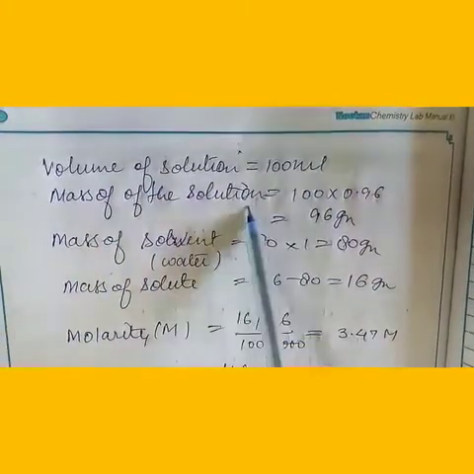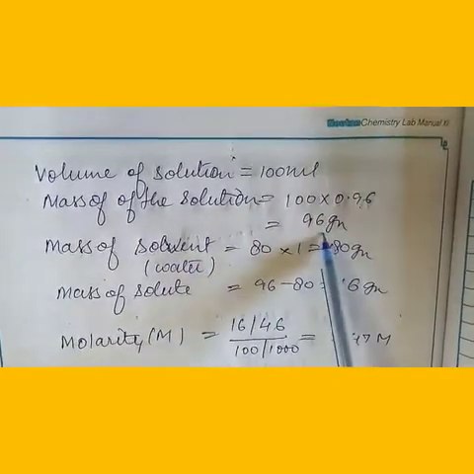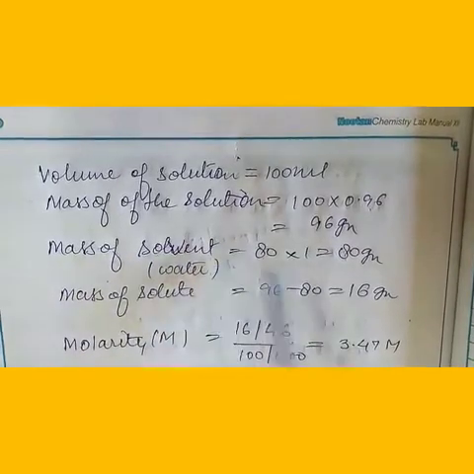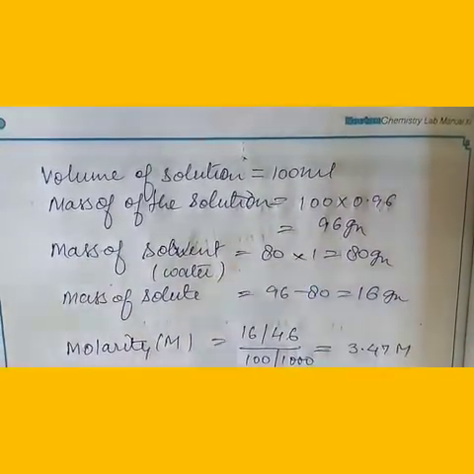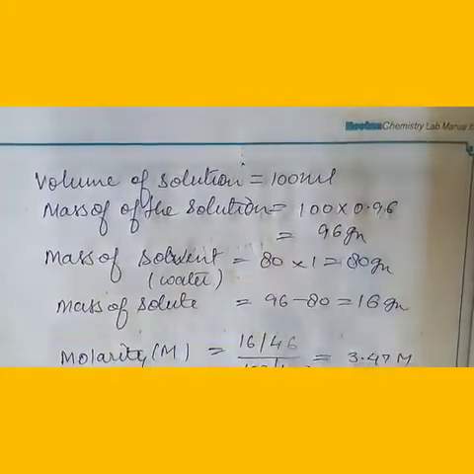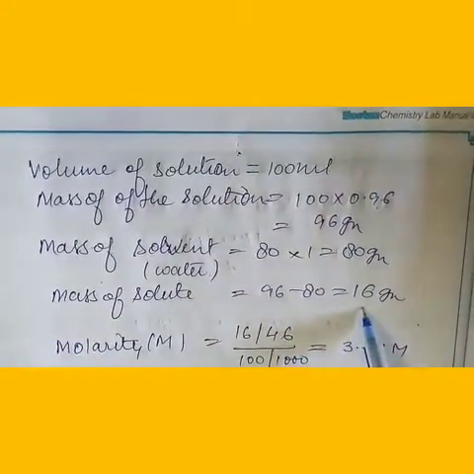So the weight of solution is 100 into 0.96, means density, so this is coming 96 gram. The mass of solvent, we know that this is 80 into 1, 1 is the density of water. So this is the weight of solvent and this is the weight of solution. So the weight of solute is 96 minus 80, means 16 gram.